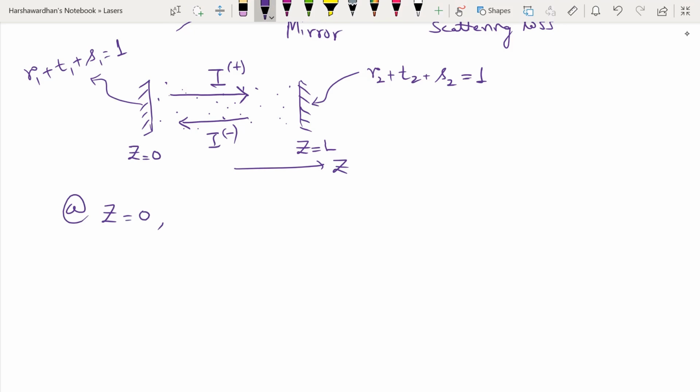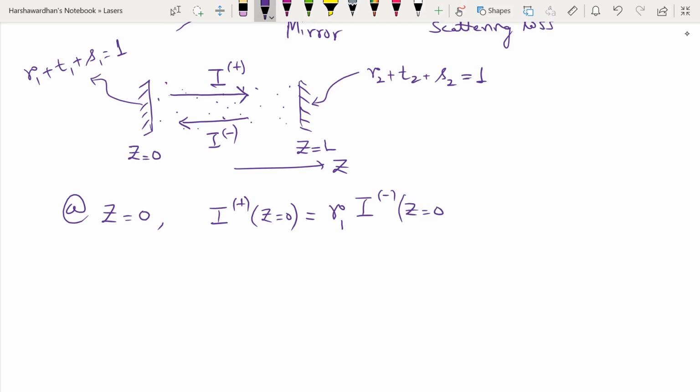One can clearly see the following, that my I plus, the radiation traveling in the positive direction at z equal to 0, is simply the reflection coefficient R1 times I minus at z equal to 0.